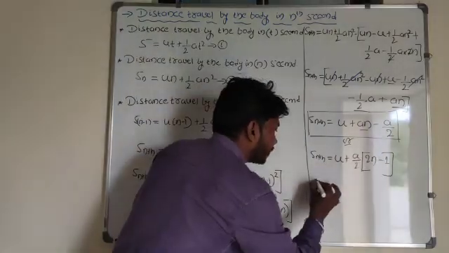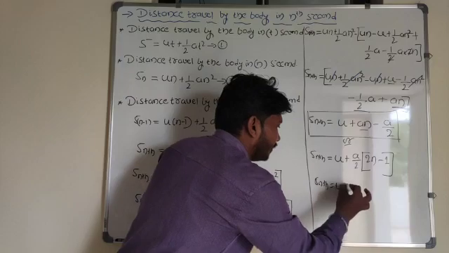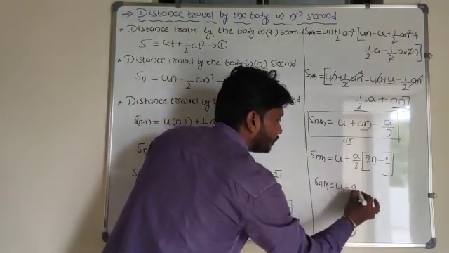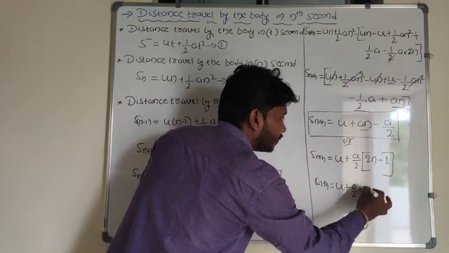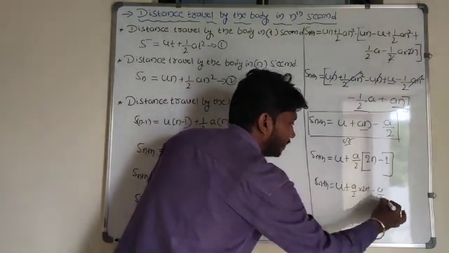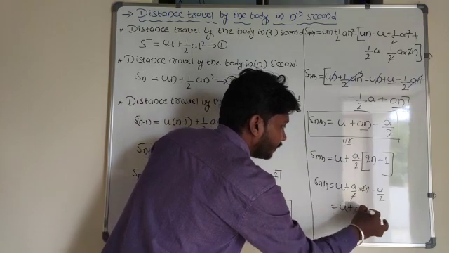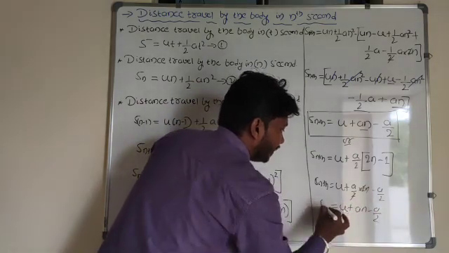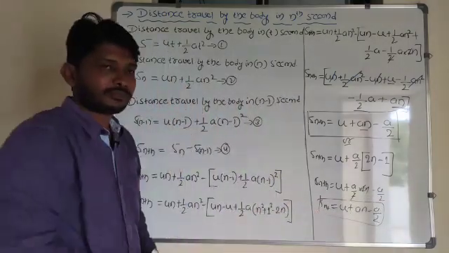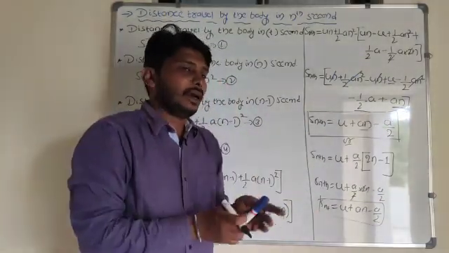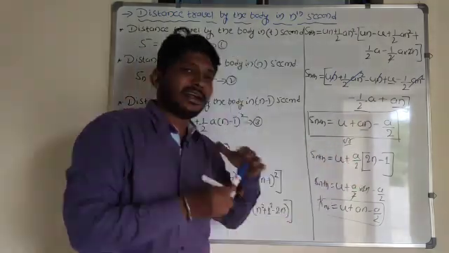So look here, to avoid that confusion, a by 2 into 2n minus a by 2, again you will get that same equation, u plus an minus a by 2. So did you get my point?